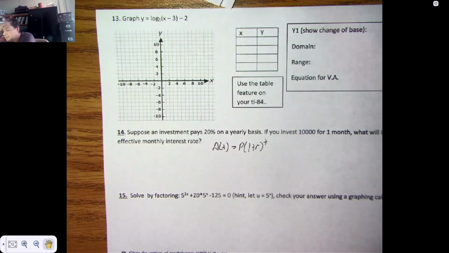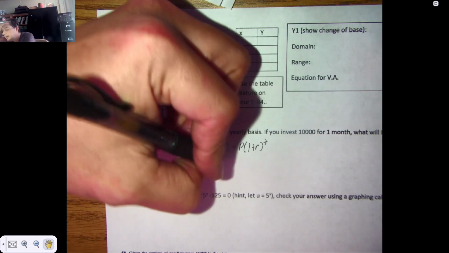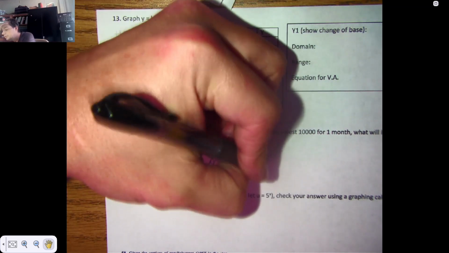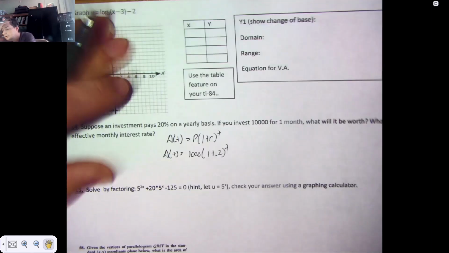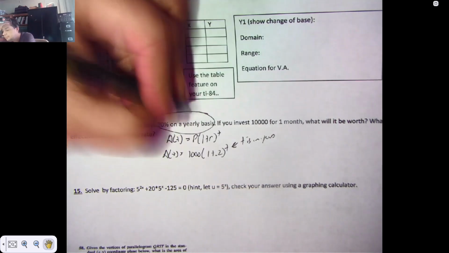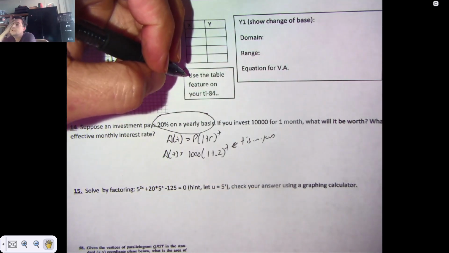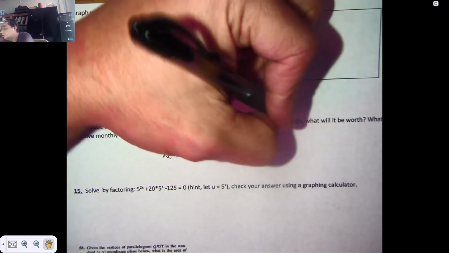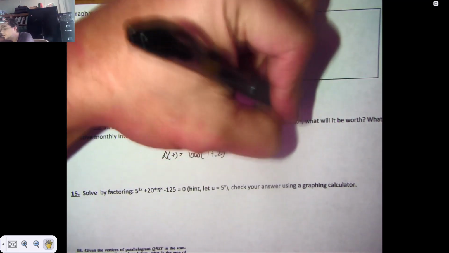So I'm going to plug some stuff in. The amount after time passes is the principal of 10 grand times 1 plus 0.2 to the t. Now the way this is written is that t is in years because you used a yearly basis. You know, if you wanted to put 1 month in here, you would be like, oh, that's a 12th of a year.